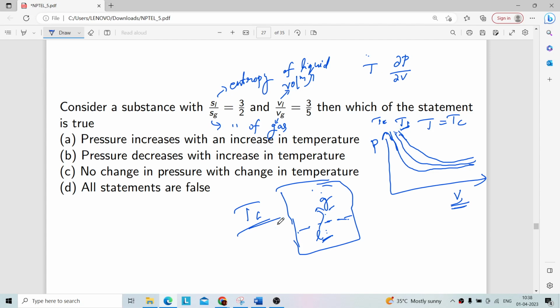As we go below this critical temperature, what will happen? Its behavior will be like this. You see this region: as the pressure decreases, the volume should increase, but the volume is also decreasing. You have seen this from the class. For temperature below Tc, we will have some curves like this.